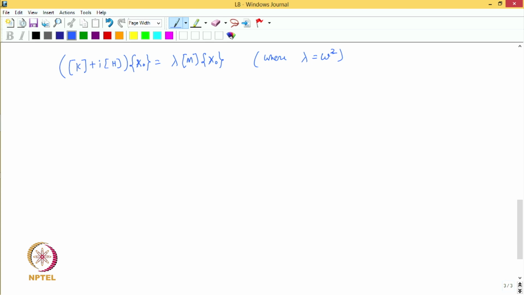So, this is in the form of a generalized eigenvalue problem, right. It represents an eigenvalue problem. Okay. So, if we solve this eigenvalue problem, then we can find eigenvalues and eigenvectors.